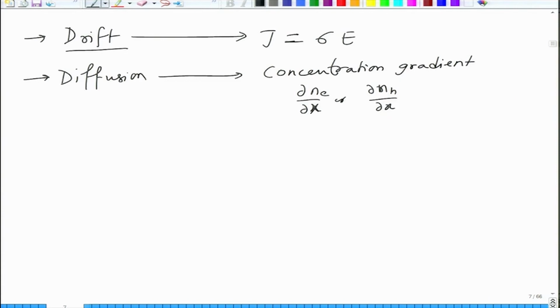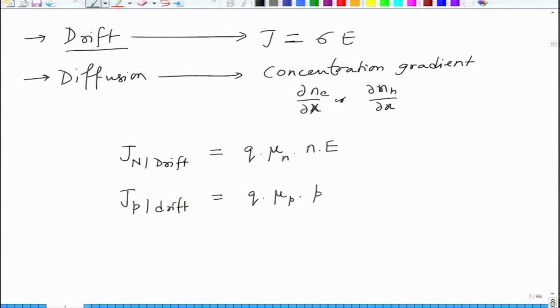So in case of drift, we won't be able to get into details of it. In case of electrons, Jn drift is basically q mu n into N E, okay. Whereas Jp drift, it comes basically from the derivation of Ohm's law, and you can find that in any textbook, q into mu p into P E. These are the two expressions which one can follow for drift current.